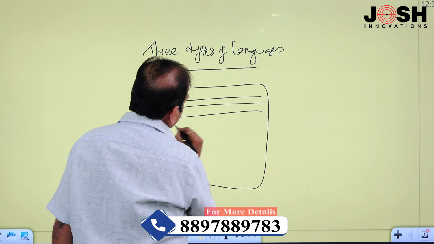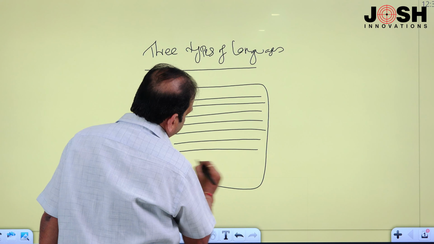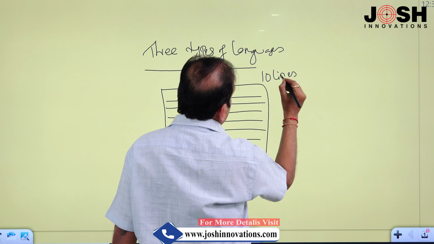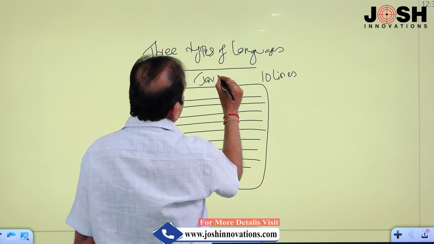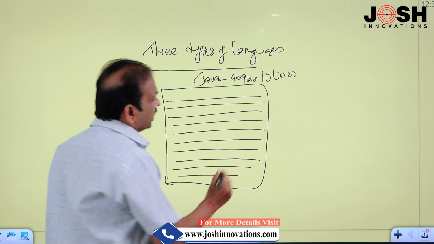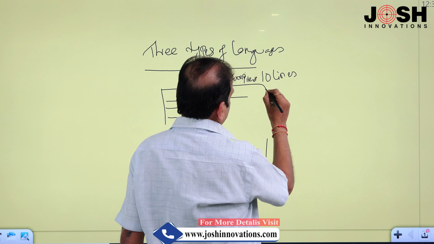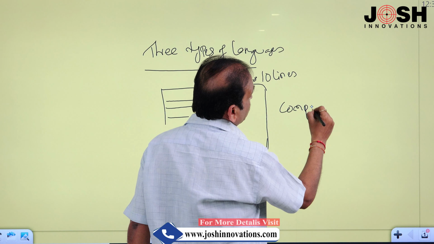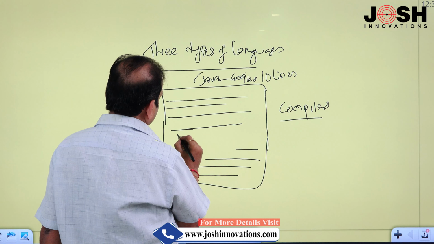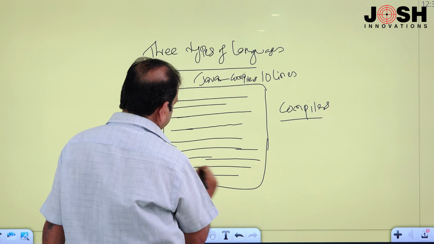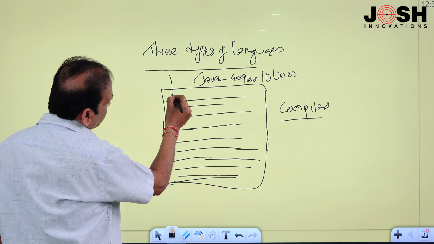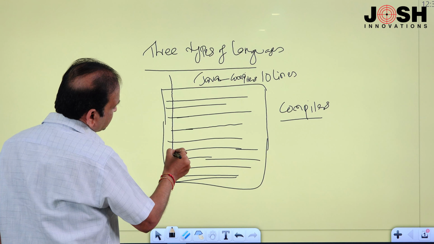Third line, fourth line, fifth line, sixth line, seventh line, eighth line, ninth line, and 10th line. I have written 10 lines of code in Java, and Java uses compilers. The compiler will compile from line number 1 to line number 10, starting from the first line.